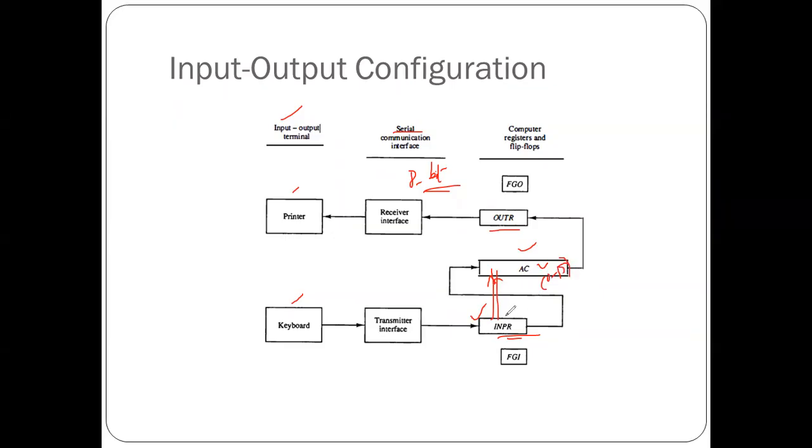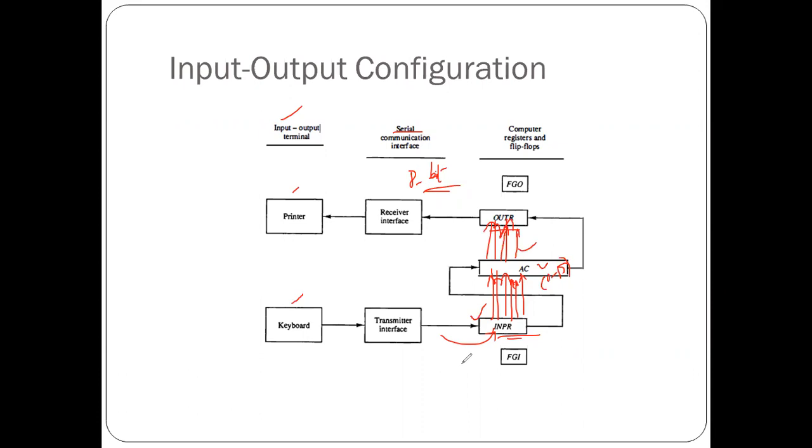But the lower 8 bits of the accumulator are updated with the contents of the input register in parallel. Similarly, the lower 8 bits of the accumulator are copied onto the output register, for sending to the output devices at a time, in parallel. So a serial transmission happens between the devices and the registers, while the transmission between the registers and the accumulator is parallel. This is how the input and output configuration works.